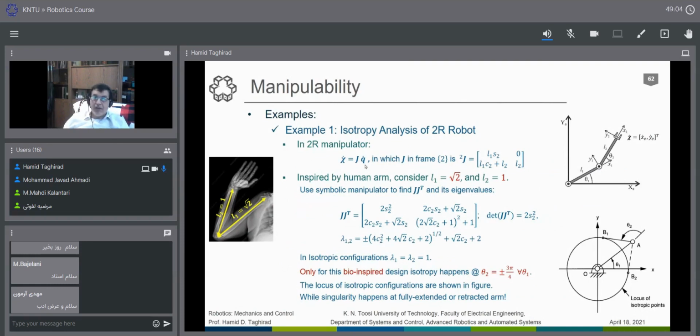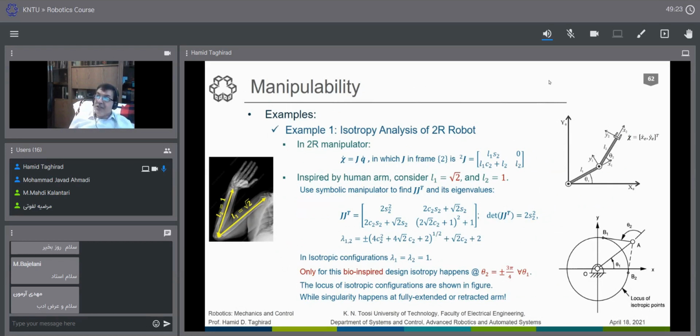We had already found the Jacobian in the 0 frame and in the 2 frame, and we know that the frame of representation doesn't change the manipulability measure, the important or inherent characteristic of the system.